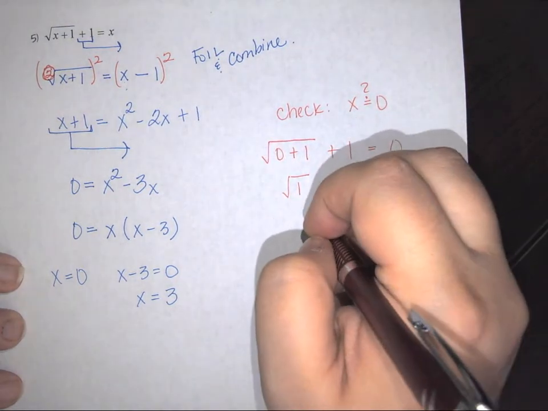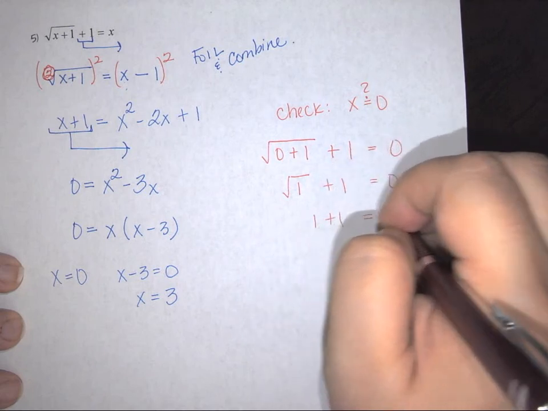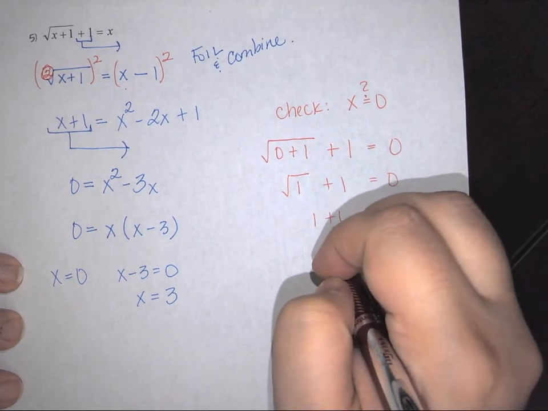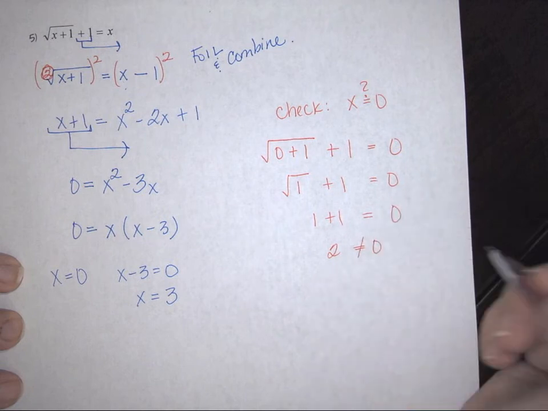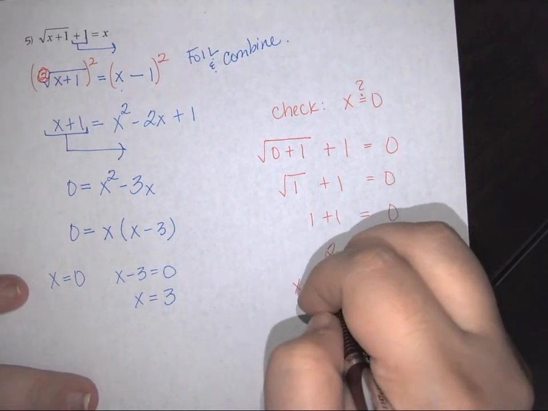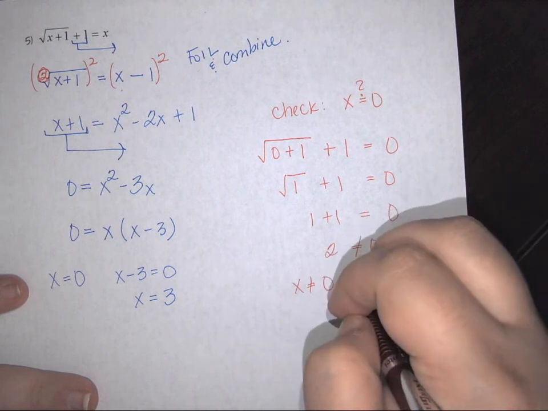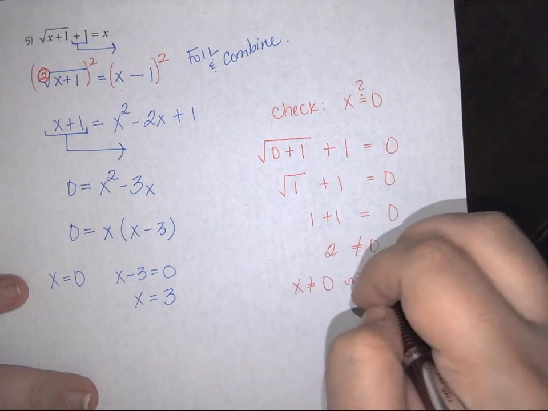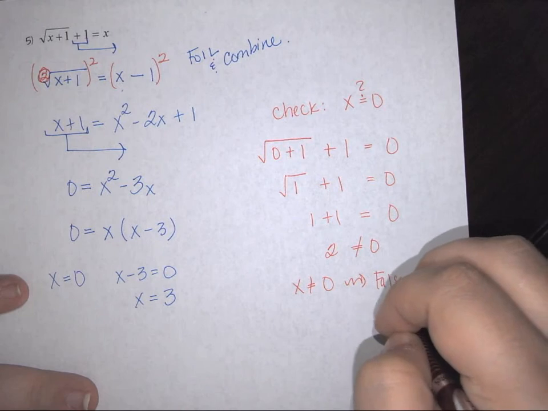Square root of 1 is 1, plus 1 should give me 0. And in this case, I have that 2 does not equal 0. Therefore, x cannot equal 0, because this would be called a false statement.